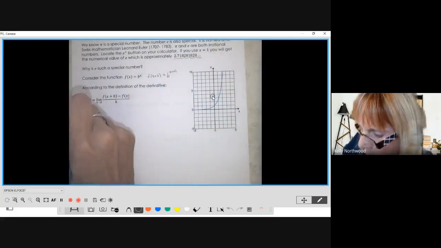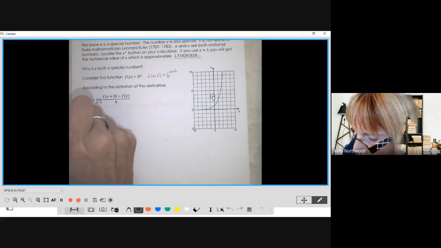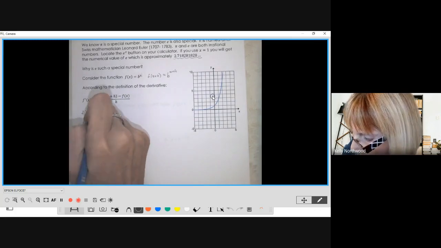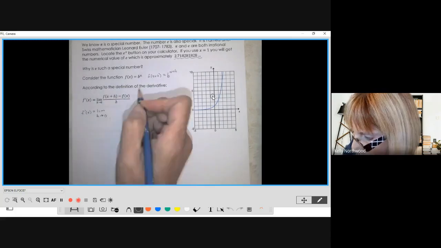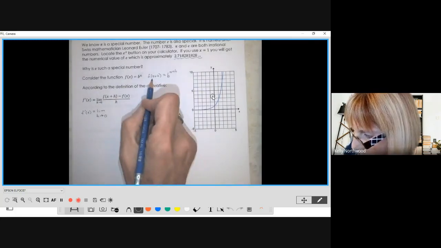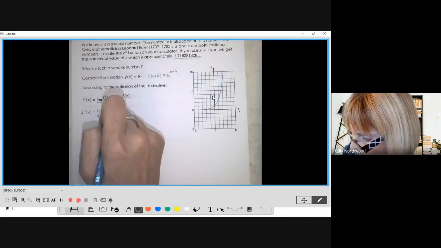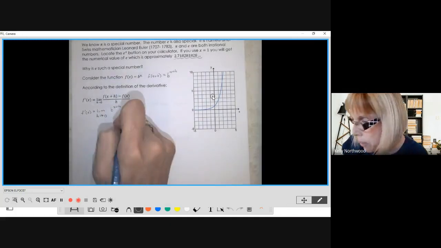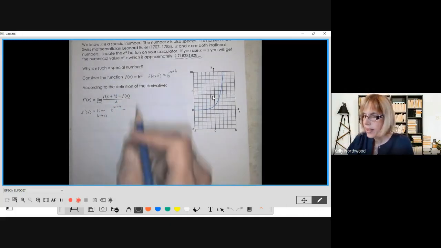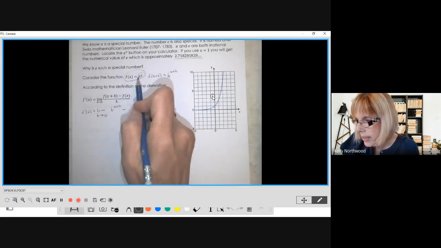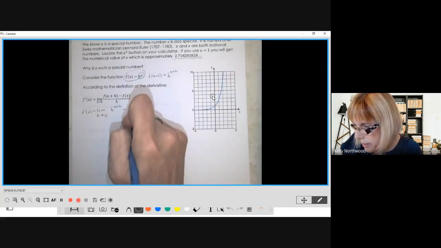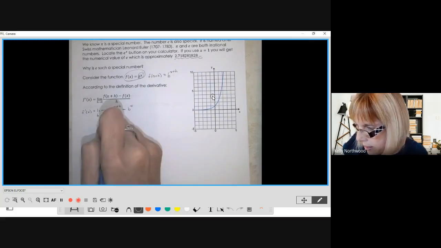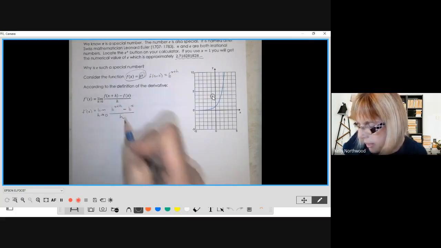So if I come down to my first principles formula, f prime at x is going to be the limit as h approaches 0 of, I'm going to replace f at x plus h with b to the x plus h, minus f at x, which is just b to the x, over h.